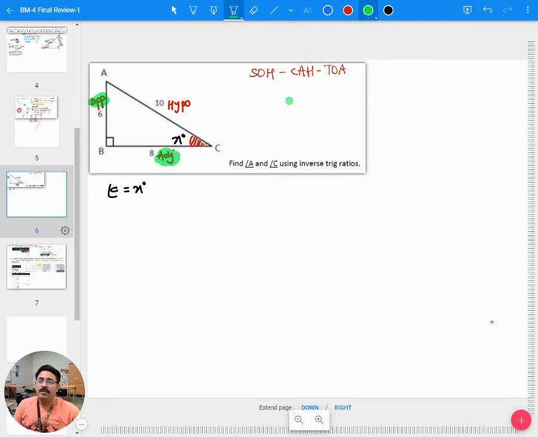Therefore, my bad, I see that it is in TOA, right? Therefore, let's write that. Opposite side is 6 units. Adjacent side is 8 units. Then TOA.